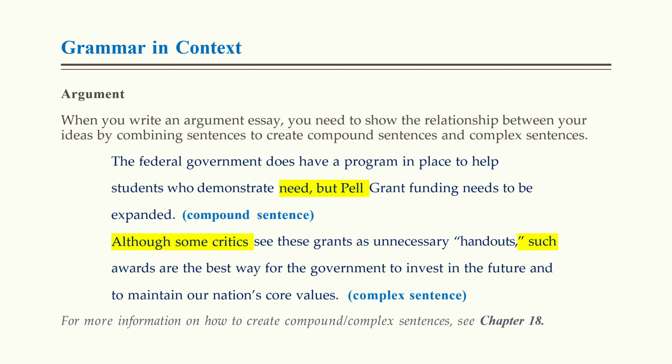Because there's not enough there. It's not a complete sentence. If we keep going, though, such awards are the best way for the government to invest in the future and to maintain our nation's core values, period. That is a complete sentence. So when we have an incomplete sentence, a dependent clause with a complete sentence, an independent clause, a comma alone, this one by handouts, is strong enough to hold them together.